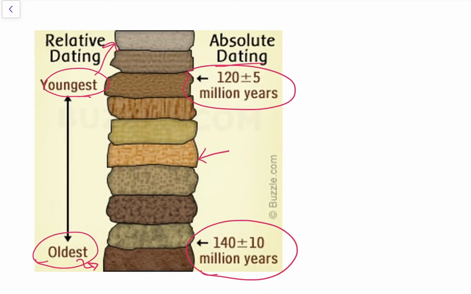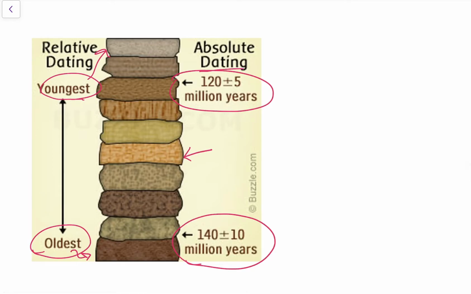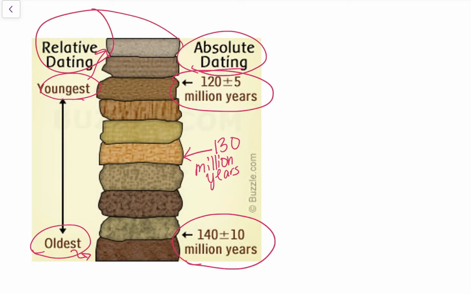Maybe this rock here is about 130 million years old, right? 130 is in between 120 and 140 million years old. And I can't say for sure, but by using both absolute and relative dating together, I can get an estimate of how old this rock is, even if I can't figure out exactly how old it is.